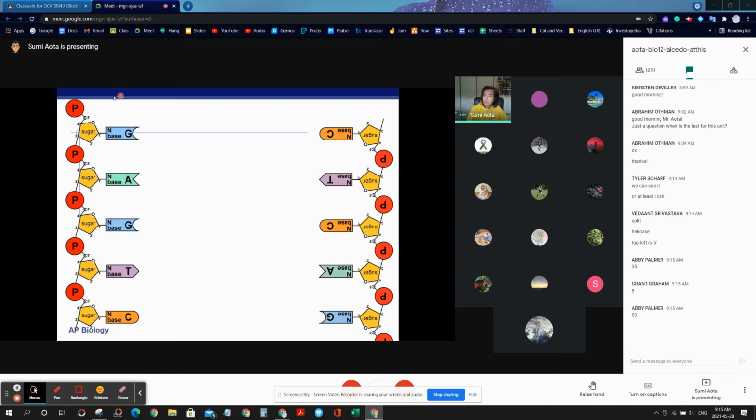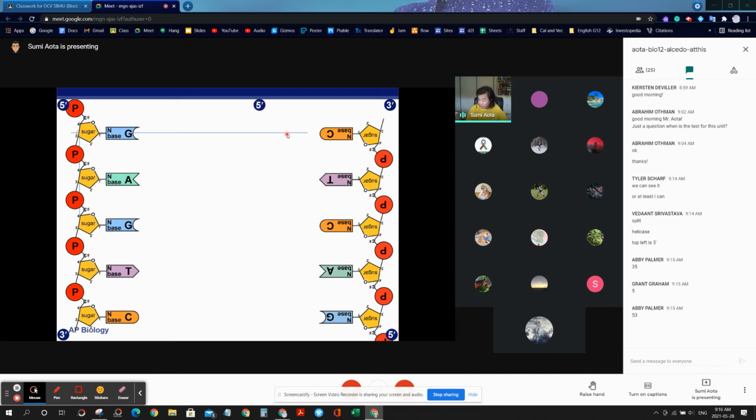On this side, is the phosphate a 3 or a 5? Yeah, so this will be the 5. This will be the 3. So there's a 3' end there, 5' end down there, 5' end up there, and a 3' end down there. Whenever you're working on a problem like this, after you split the DNA, the first thing you should do is figure out which end is which, because it matters.